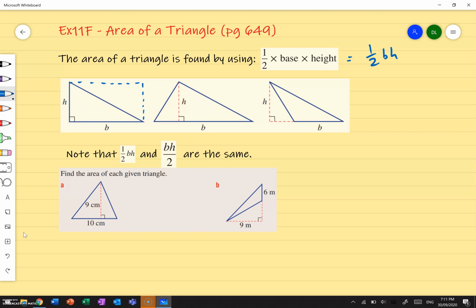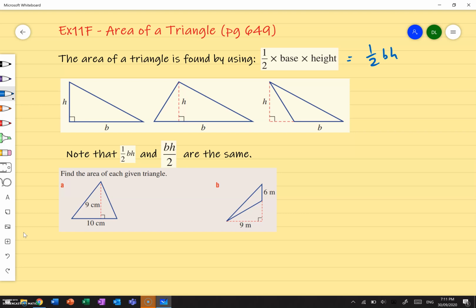Okay, so in this case, we've got our base on the bottom, our height being from this point up, and it's important to note that the height will always be from the lowest point to the highest point. So from your base up, it's never going to be your base this way. It's always going to be base and then perpendicular.